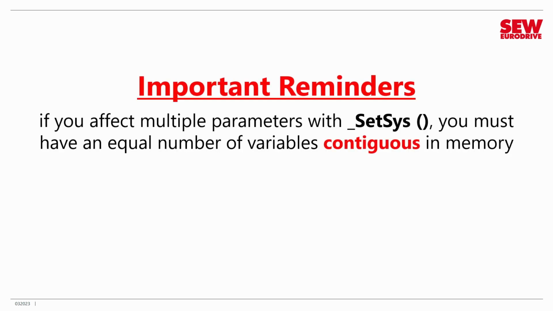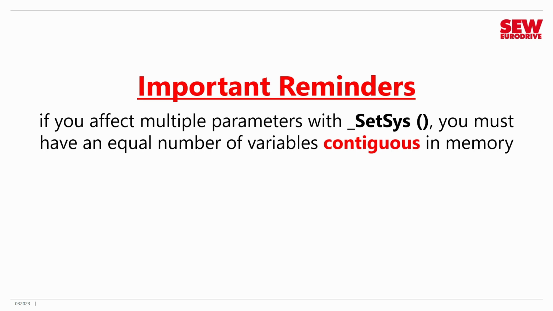If you affect multiple parameters when you call setSys, in other words, you're changing two at once, what you need to do is have two variables containing the values you're passing contiguous with each other in memory. In other words, one comes right after the other. So it might actually be smart to use H numbers here just so you can guarantee that your variables are contiguous.